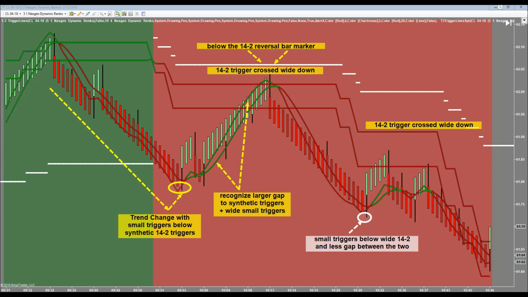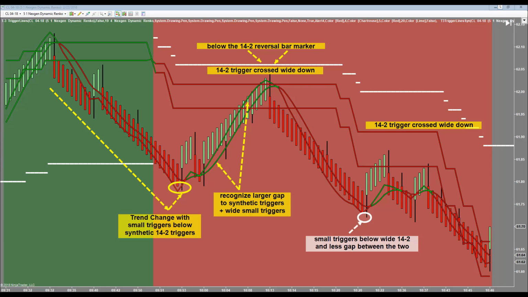If you had a very strong trend up, the distance back to the synthetic triggers will be a little greater. Conversely, if you had a strong trend down, you'll see in the next example this same large gap. Traditionally, the first trend change after a very strong trend up or down will produce a slightly larger gap between the small triggers and synthetic triggers.